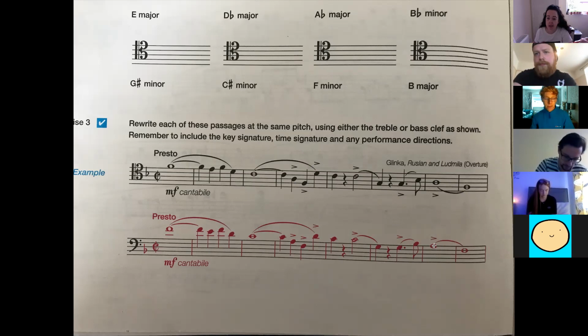So what's this note here on the tenor clef? A. It's an A because it spells out FACE. Is this an A on the bass clef? Yeah, and it's not the A down there because it's the one around middle C, which is at the top. So we need to make sure we don't get the wrong C. And then finally, check the last one. Okay, so what's this note here?